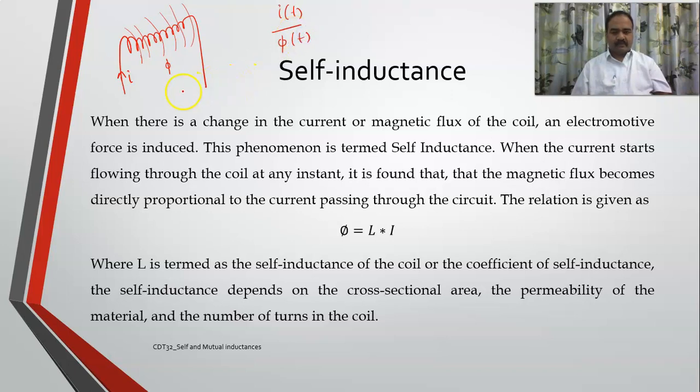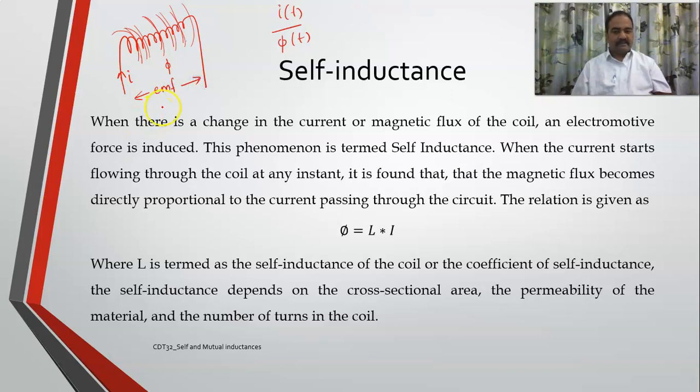Any time varying current will develop a time varying magnetic field. Now consider a conductor placed in this time varying magnetic field.